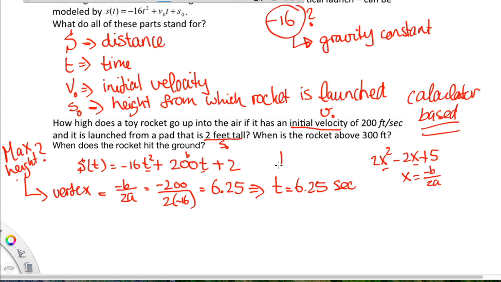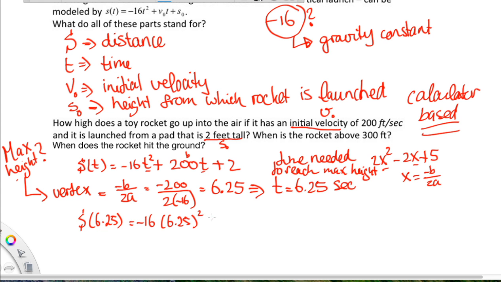Okay, so that is the time needed to reach the maximum height. Well, that's not what I wanted. I want the actual maximum height. How high is that? So then you have to plug that in. What we're actually after is the y-coordinate. Again, this would be a calculator part.